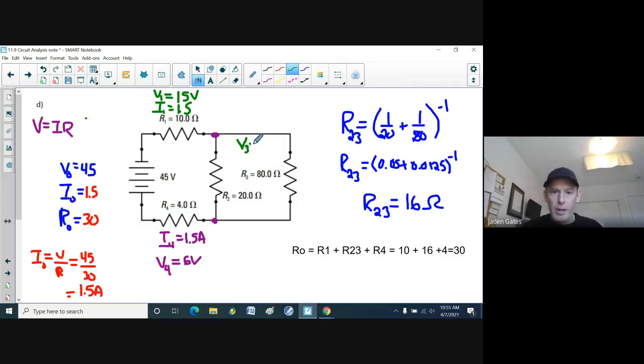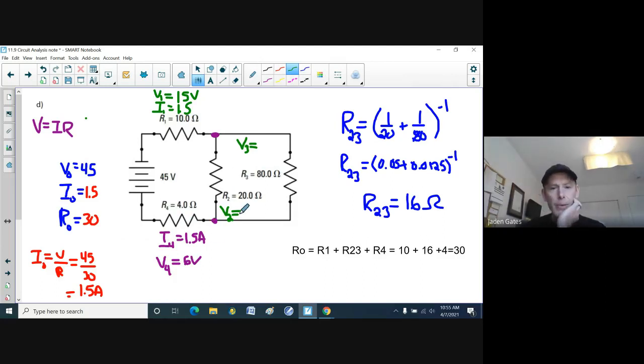All right. Now that information, because I'm going to use Kirchhoff's voltage law, is going to help me find both V3 and V2. Because 45 volts come from the source. Well, 15 get used up here on load number 1. Then they go down either V2 and V3, and then they come out with a certain amount of energy, and they use up 6 volts.